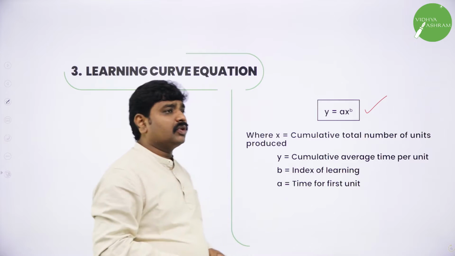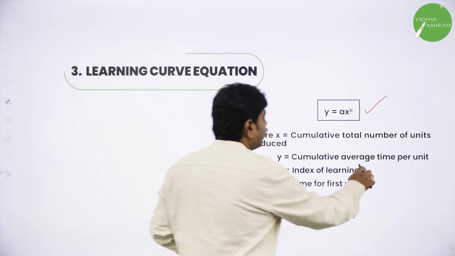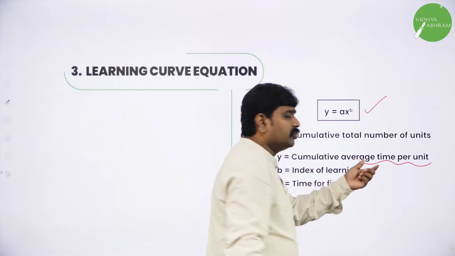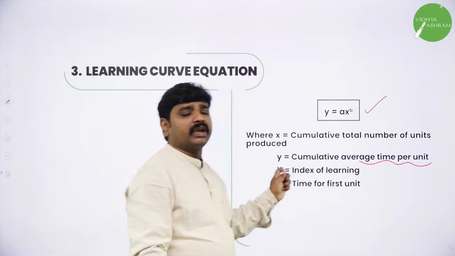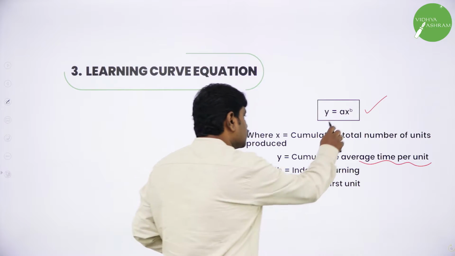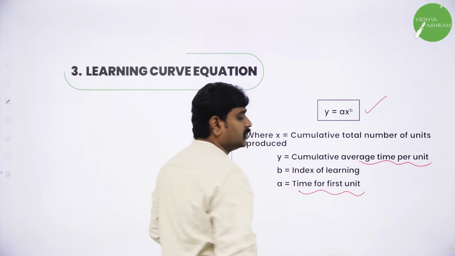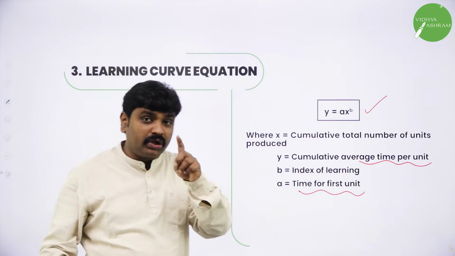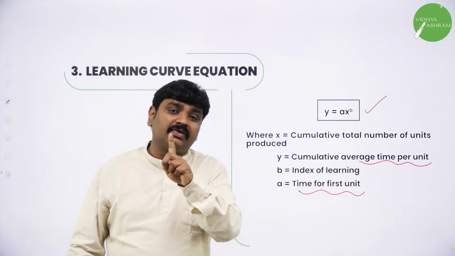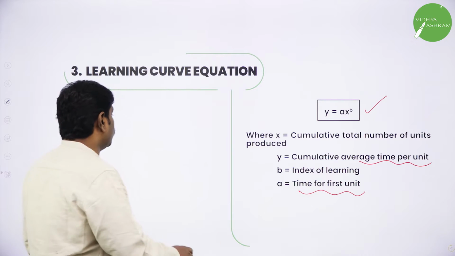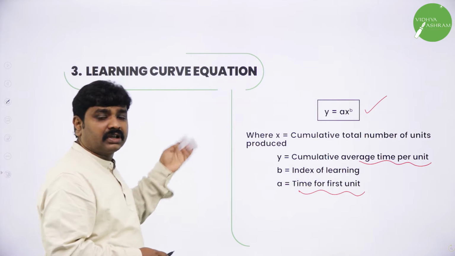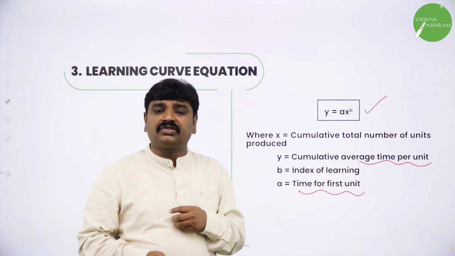So, first y stands for cumulative average time per unit. And a is the time for the first unit. What is a? Time for the first unit. I told you the time for the first unit will always be more. So, for the first unit we may take 100 hours, but subsequent units will not take the same time.